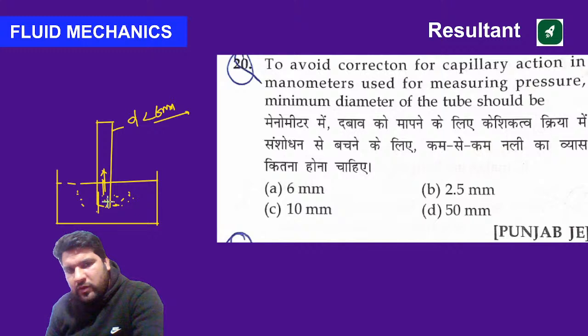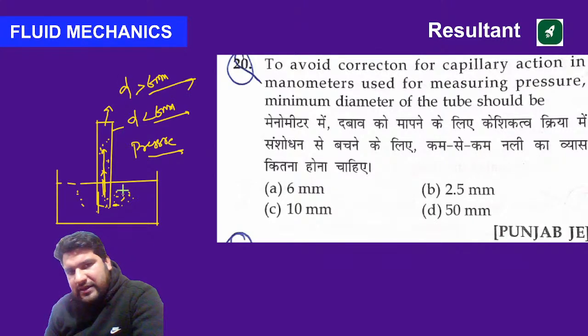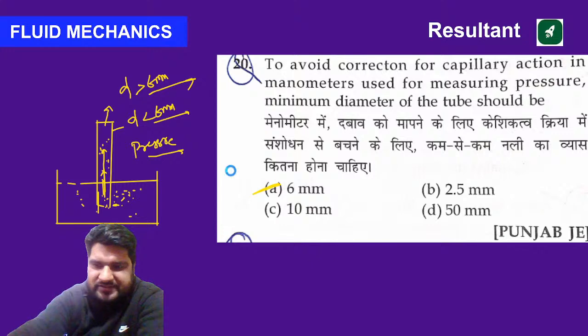This water will flow by capillary action and not by the pressure difference. In that case, you should put the diameter of the tube greater than 6 mm so that it works by the pressure. So the diameter should be 6 mm.